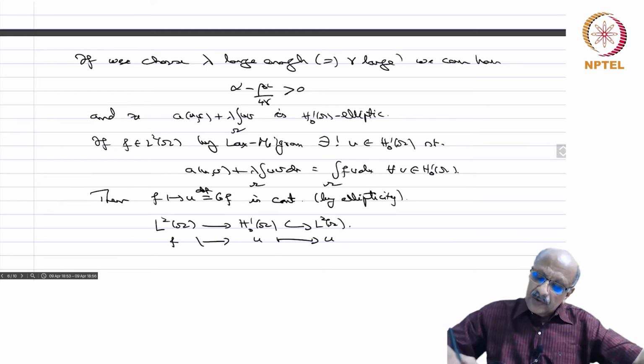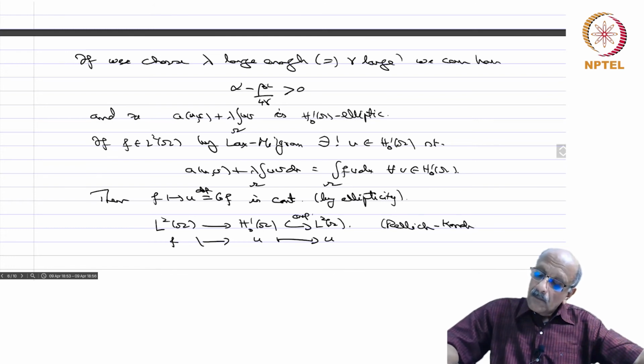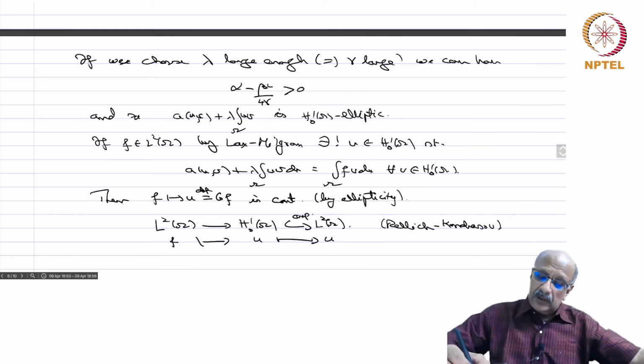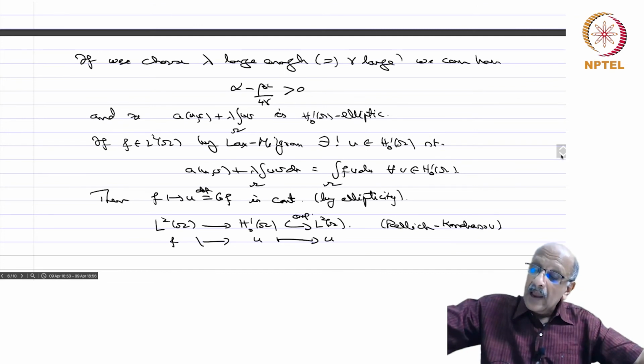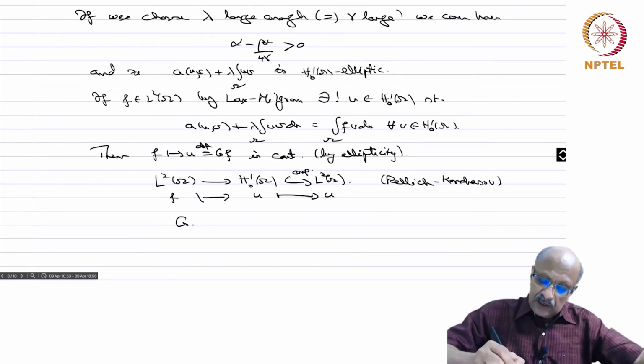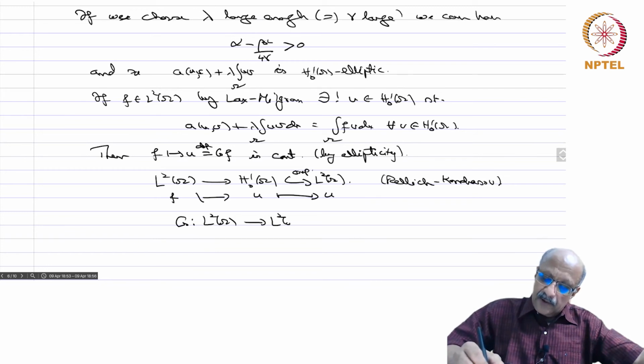And we know this inclusion is compact by the Rellich-Kondrachov theorem, H10 omega into L2 of omega, because omega is a bounded open set, and consequently the composition of compact mappings is compact, and therefore G from L2 omega into L2 of omega is compact.